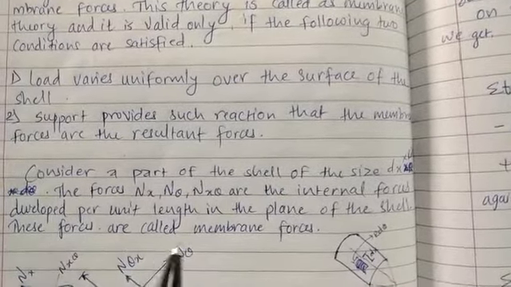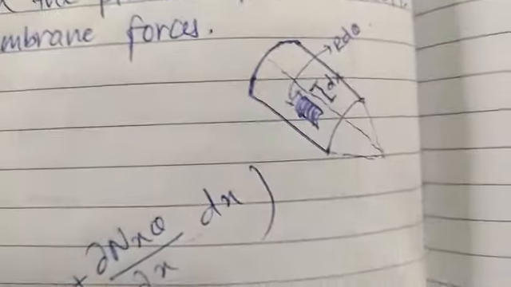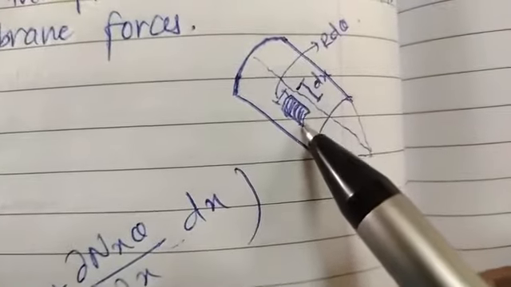These forces are called membrane forces. I have shown one diagram here. This is the diagram of the shell, and this is the portion of the shell which we have considered for this derivation.